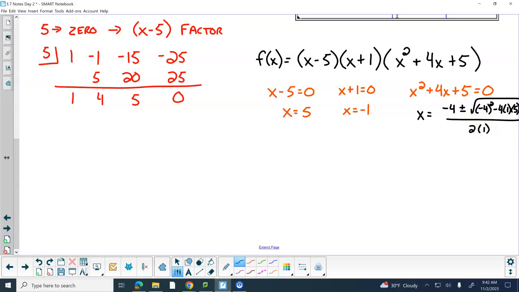Negative 4 squared, 16. 4 times 5, 20. 16 minus 20 is negative 4.